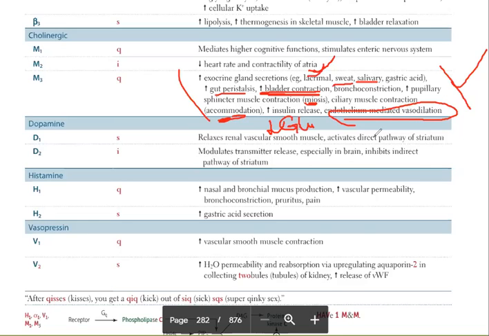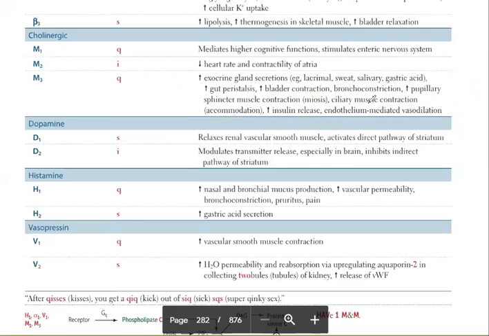The adverse effects will be the same as the actions. So just keep this in mind. Now we will move to the drug portion. I am right now only touching this little part, and if you want to revise a bit about this Gq and Gi.